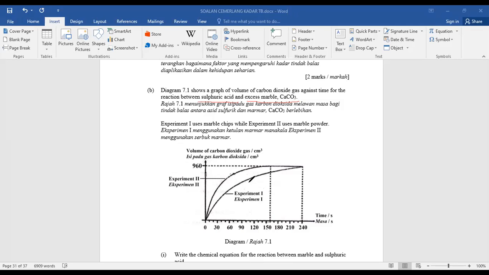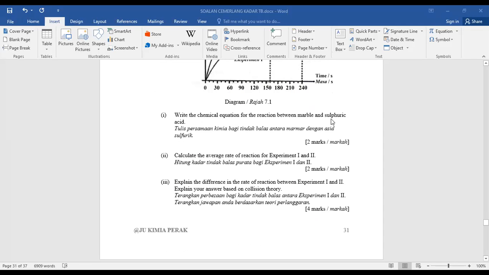You will find that the maximum volume of carbon dioxide gas produced by experiment 1 and 2 is actually the same, which is 960 cm³. The time taken for experiment 1 to get the 960 will be 240 seconds, while for experiment 2, the time taken will be 160 seconds. I hope you can get this information. Now we move on to the next part of the question.